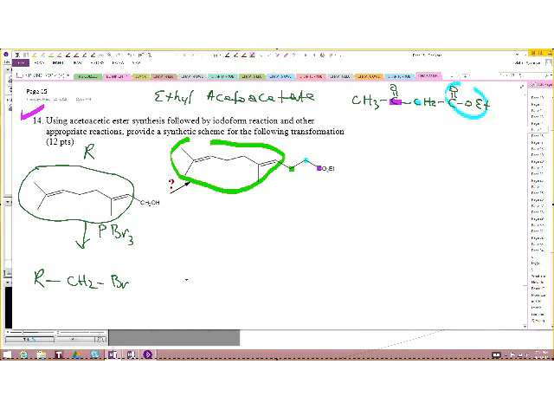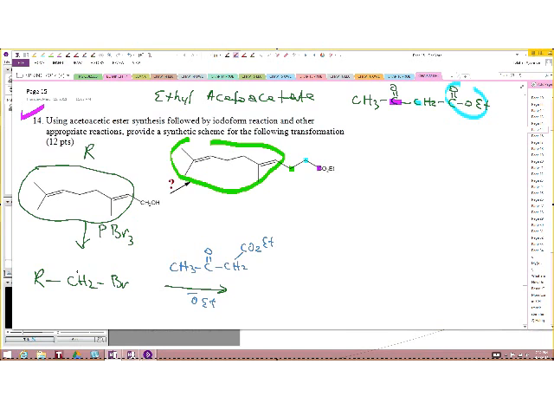Now then, what do we need to do now? We now take our acetoacetic ester, or ethyl acetoacetate, in the presence of ethoxide, and what does that do? It forms the enolate, right?